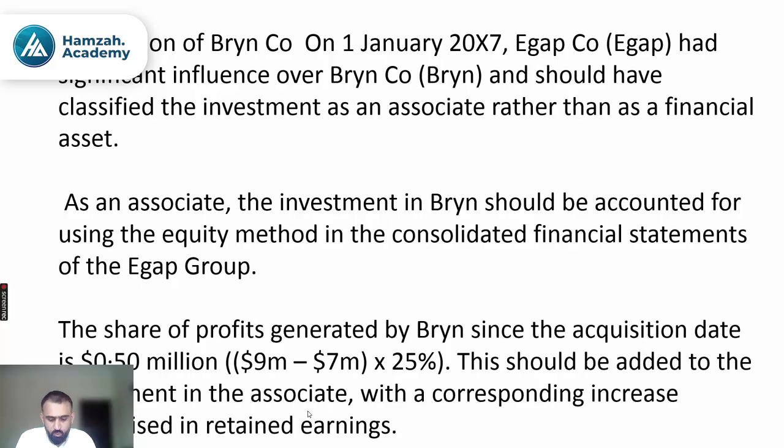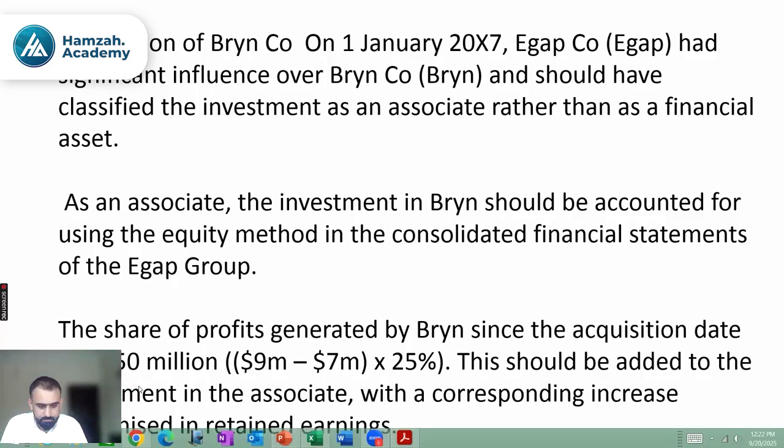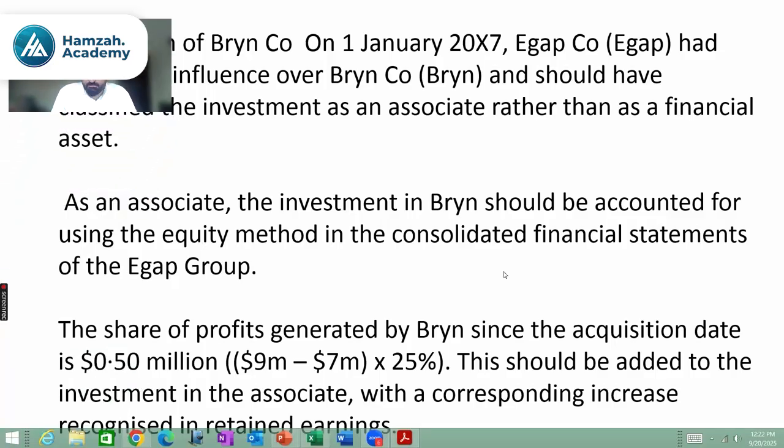And how will it be done here? As you can see, we have a cost of investment, the amount at which we made the investment, and then there is a mention that during the year from 1st January X7 to 31st December X7, a total 2 million profit is earned by the company.